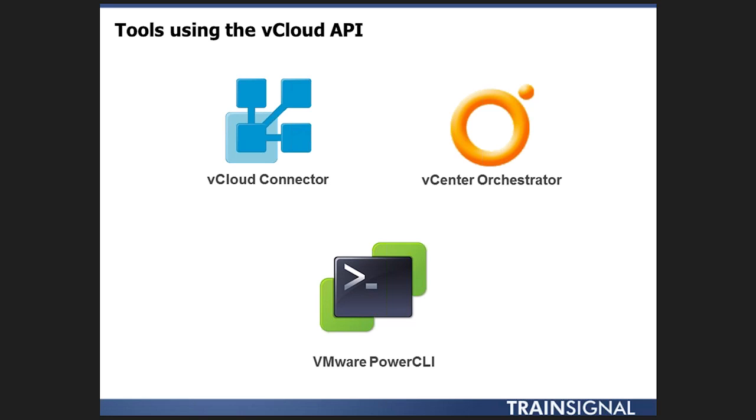For the hybrid cloud admin, this is a very useful tool to migrate workloads back and forth to and from your vCloud organization, as well as give you a view of both your infrastructure. So you might view your vSphere infrastructure and your cloud infrastructure in the same window.